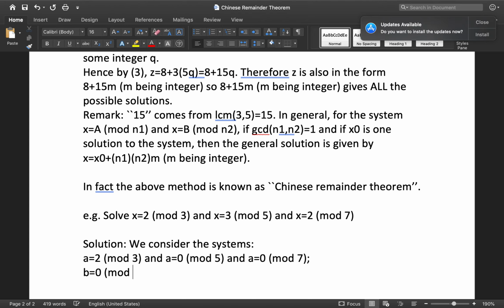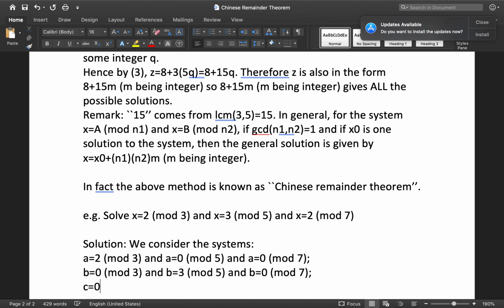In this case, b has to be congruent to 0 modulo 3, and b congruent to 3 modulo 5, and b congruent to 0 modulo 7. So this is the second system for b.